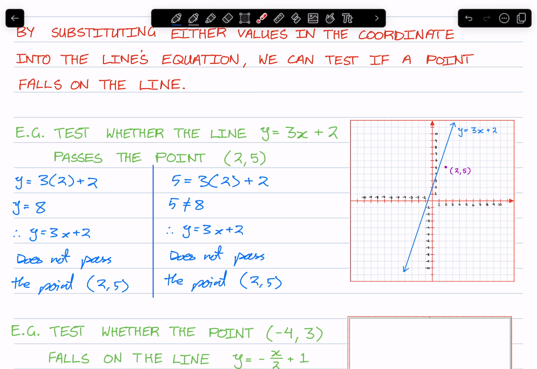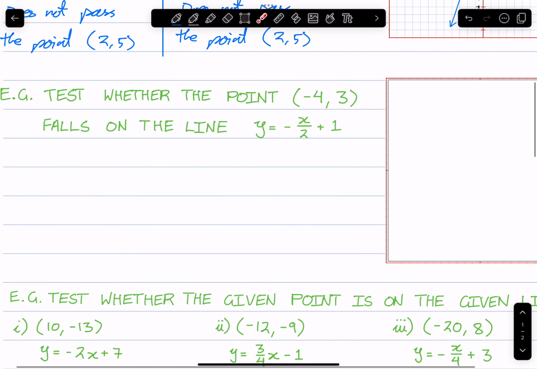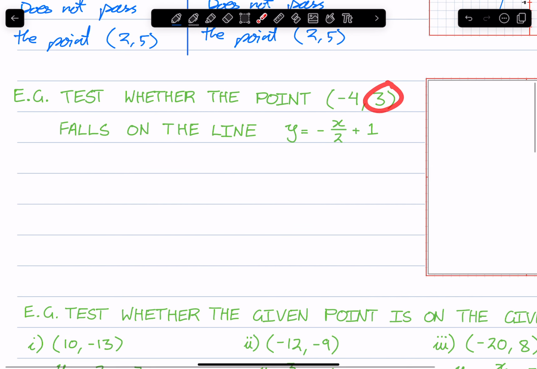For this, I'm going to be doing the substitution of both x and y values. So here we go. Substituting both values, 3 goes into y. So we get 3 equals negative x over 2.